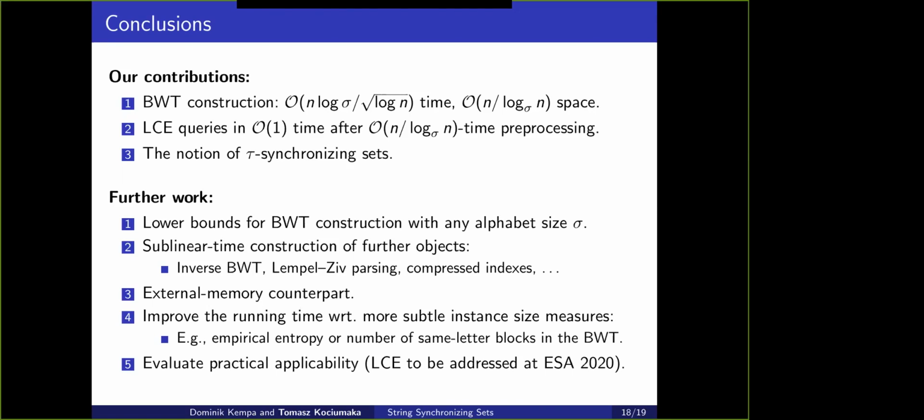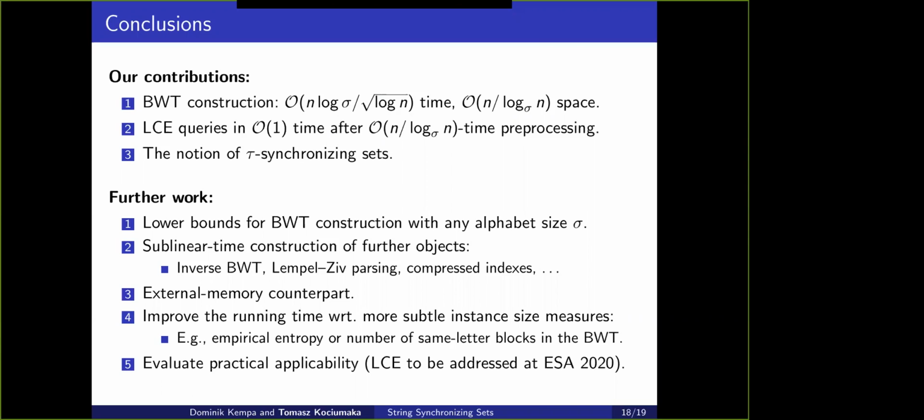I told you that the lower bound for BWT construction works for the binary alphabet, but later we managed to extend it to arbitrary alphabets. It's still not written down, but essentially, unless you improve upon counting inversions, either our running time or linear running time is optimal for every alphabet size, the minimum of the two.